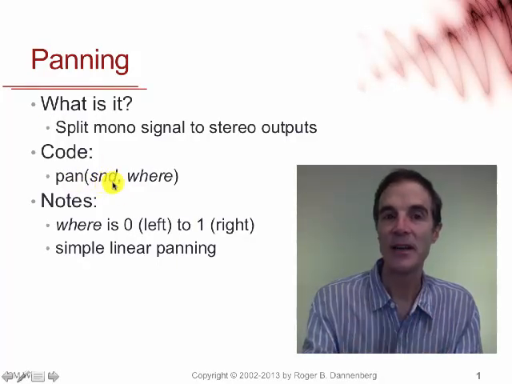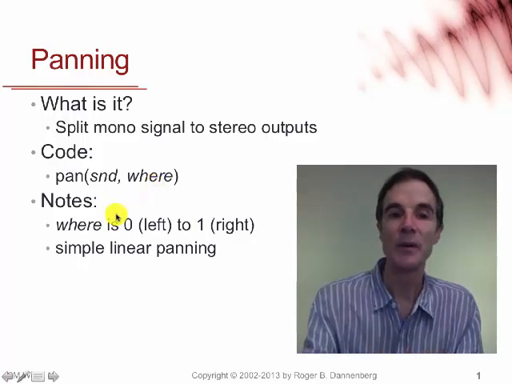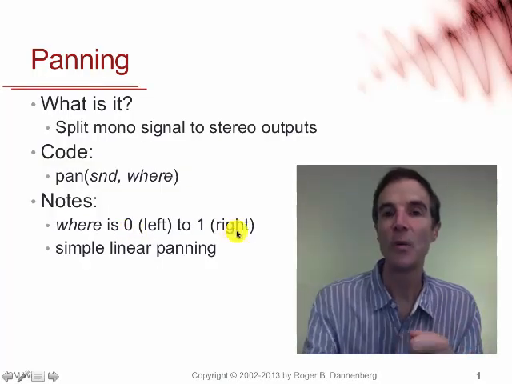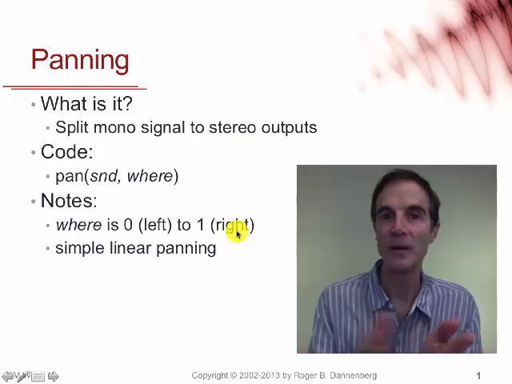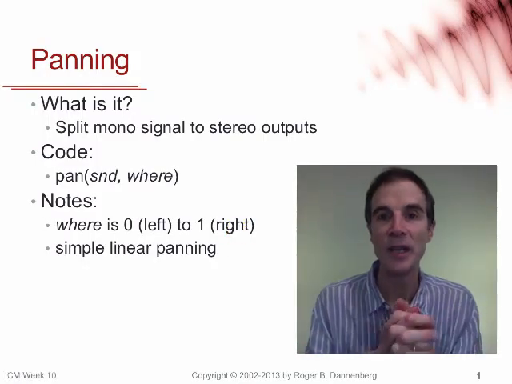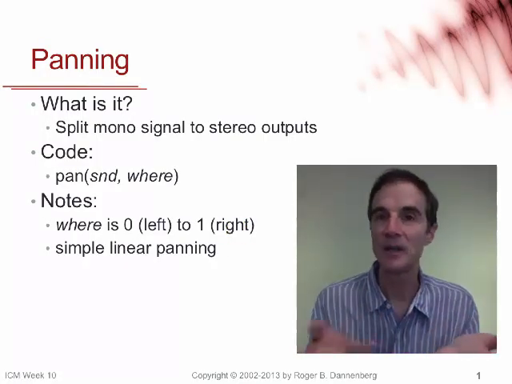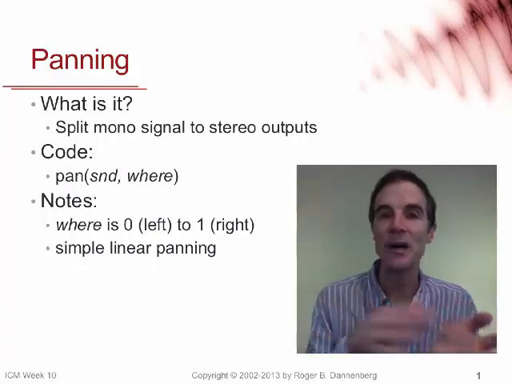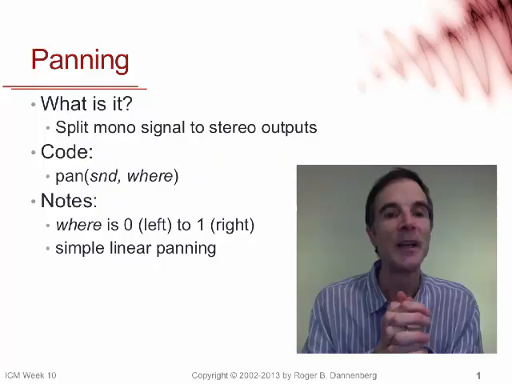You give it a sound and a position control. The position control is 0 to send the signal entirely to the left, or 1 to go entirely to the right, or any value in between. And again, that can be a control function. It can be an LFO to oscillate the signal left and right, and so on.